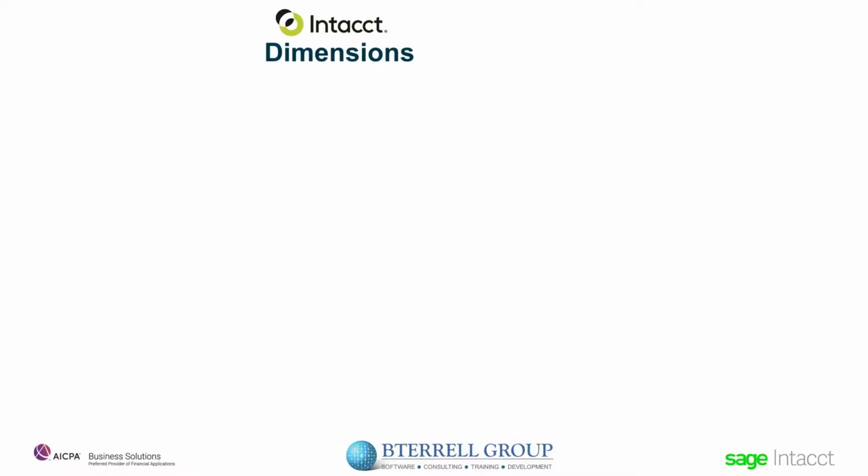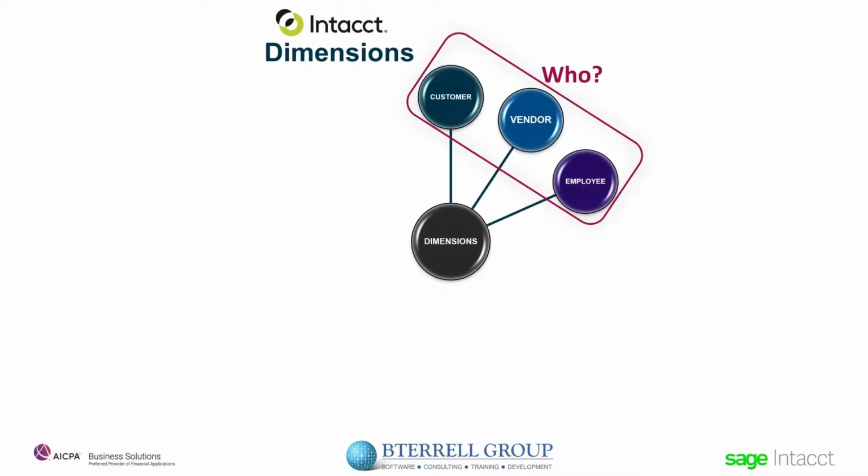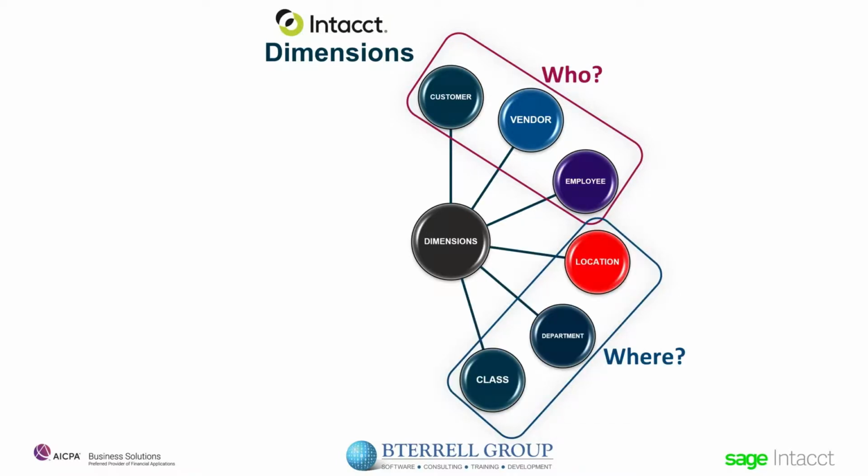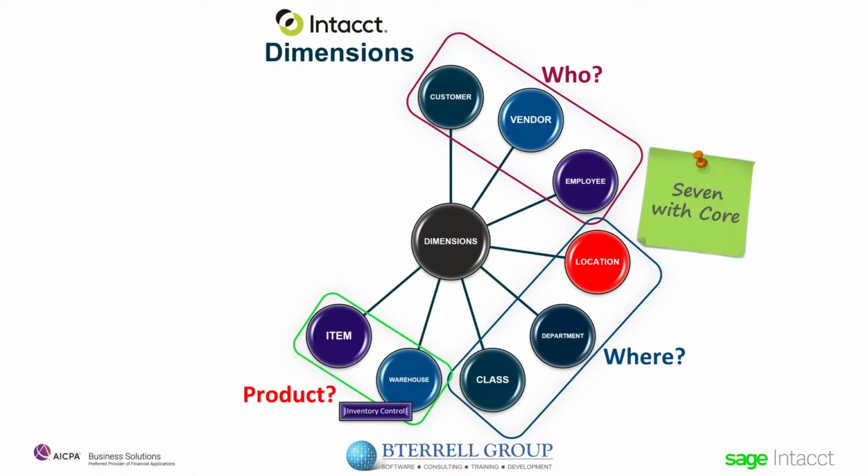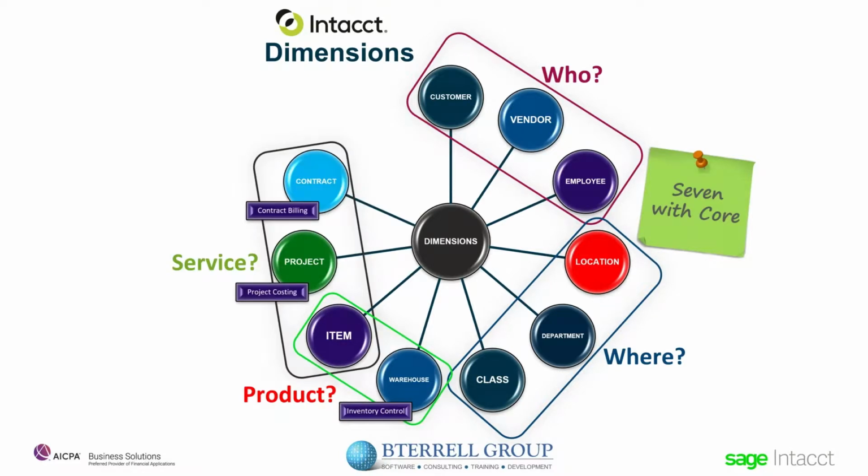So first, let's talk about dimensions a bit. What are dimensions exactly? Well, they are transactional tags, if you will, that tell us who was involved, where did the transaction take place, and what product or what service was involved.